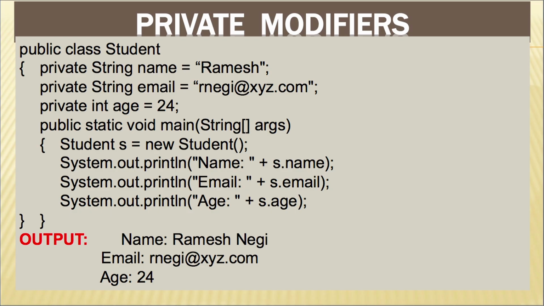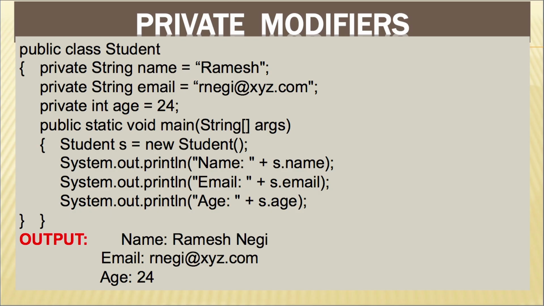In the second line we are printing s dot email, and the plus sign is for concatenating a string with the variable. Then s dot age is a variable, and we are concatenating this age variable with the age string.